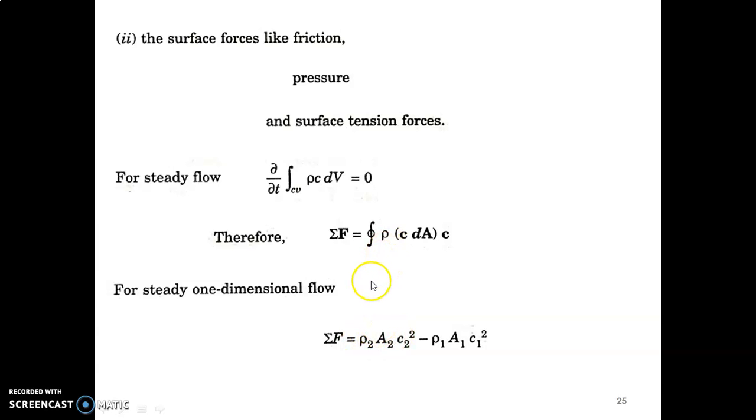So ρ2 A2, as dA is integrated it becomes A2, and there are two fluid velocity terms, so C into C will be C squared, C2 squared. Therefore ρ2 A2 C2 squared minus the initial values ρ1 A1 C1 squared. This is our final momentum equation.